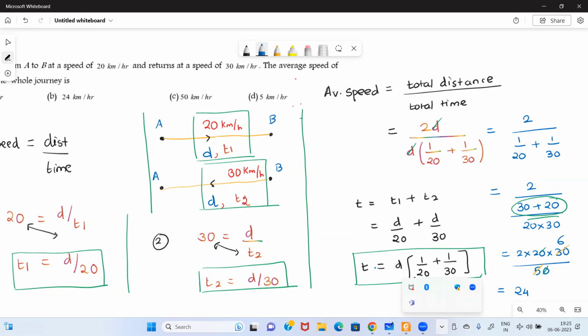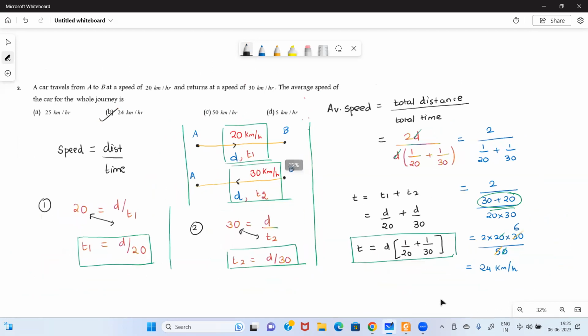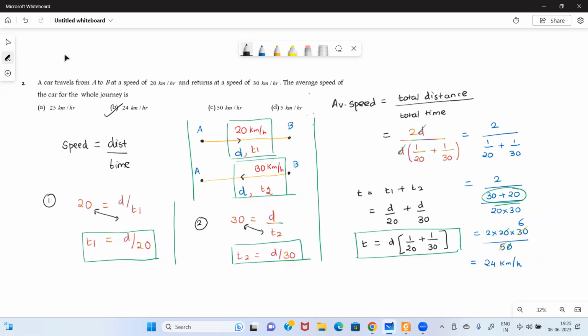Are you able to hear me, students? Yes, sir. Awesome. Okay. So 24 kilometers per hour is the answer. So could you tell me which is the right answer? The second option is going to be the right answer. Clear?